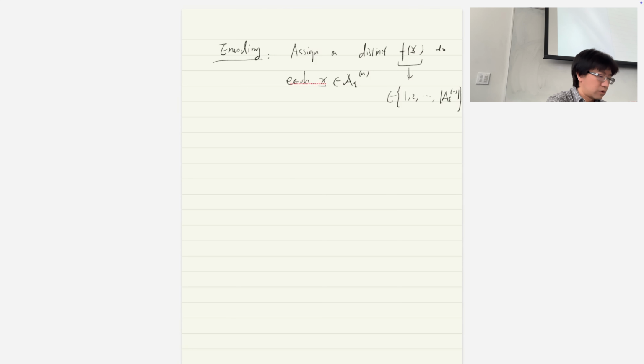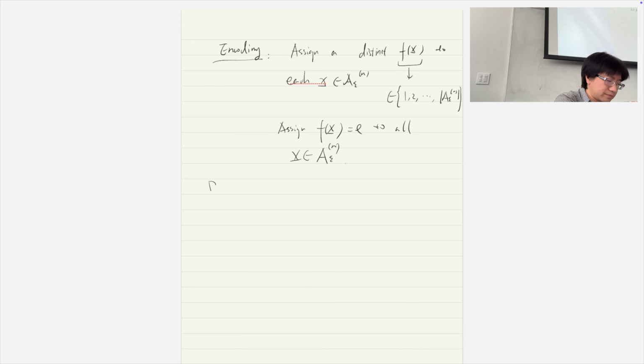So we assign f(x) equals error to all x that is not in the typical set. Therefore the total number of indices we have is the cardinality of the typical set plus 1. Okay, so that's the encoding.